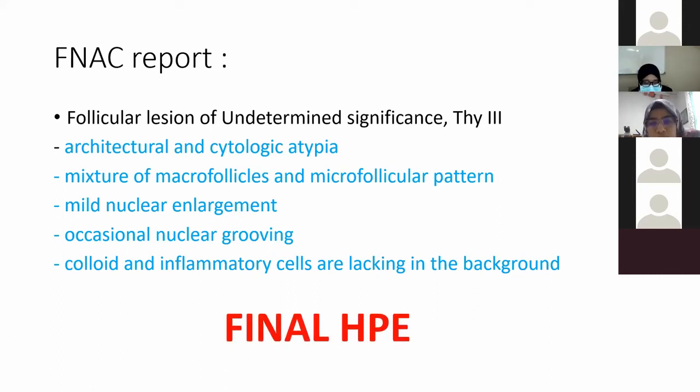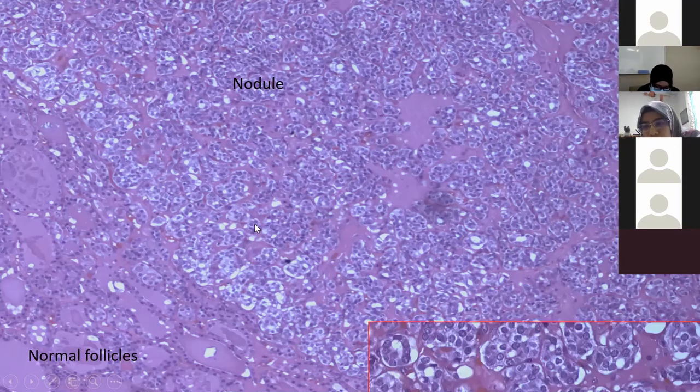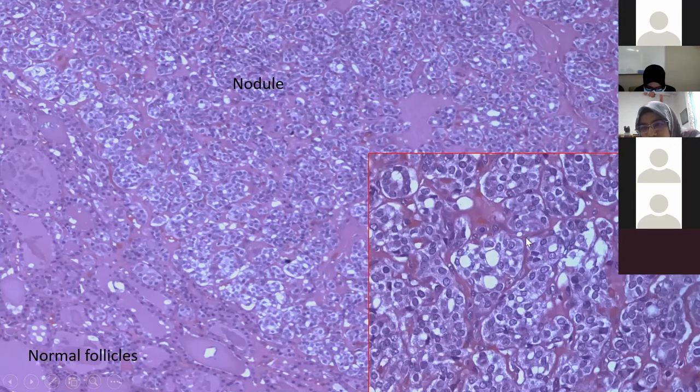So the final HPE came out like this. The resection shows the nodule is here and the adjacent normal follicle is here. Okay, so it's really a nice microfollicular pattern. I highlight the cells under here.